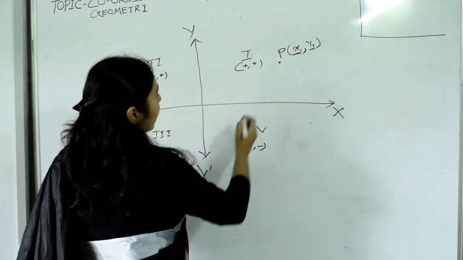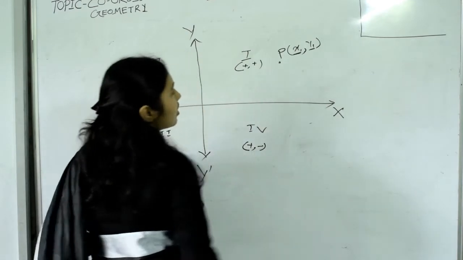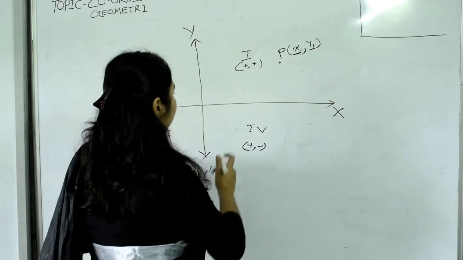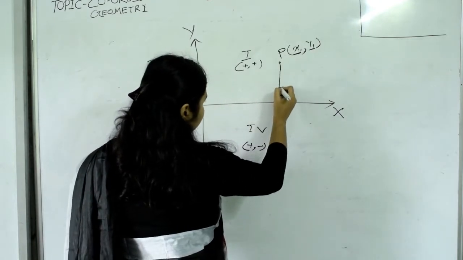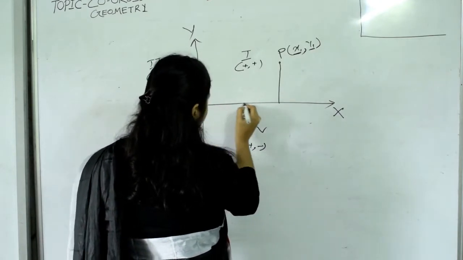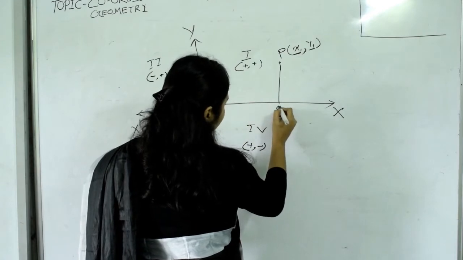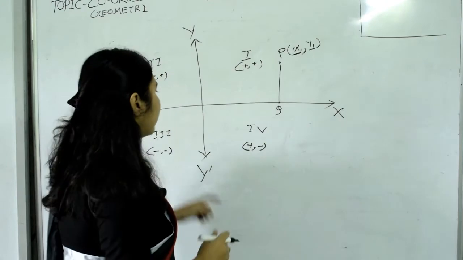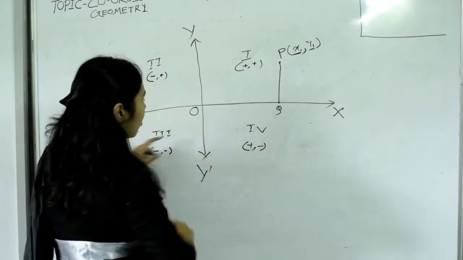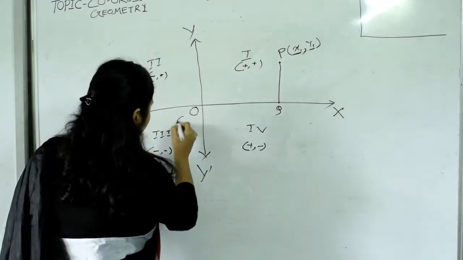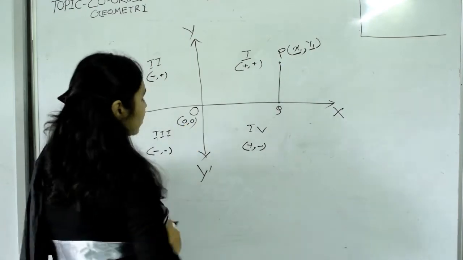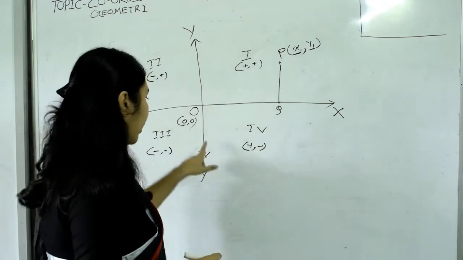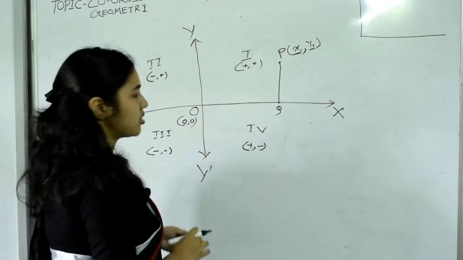So first tell me, if the Cartesian coordinate of this point is x1 and y1, and suppose this point is Q. We know that this is the origin and the coordinate of the origin is 0, 0, right? Here the value of x is 0 and the value of y is also 0.